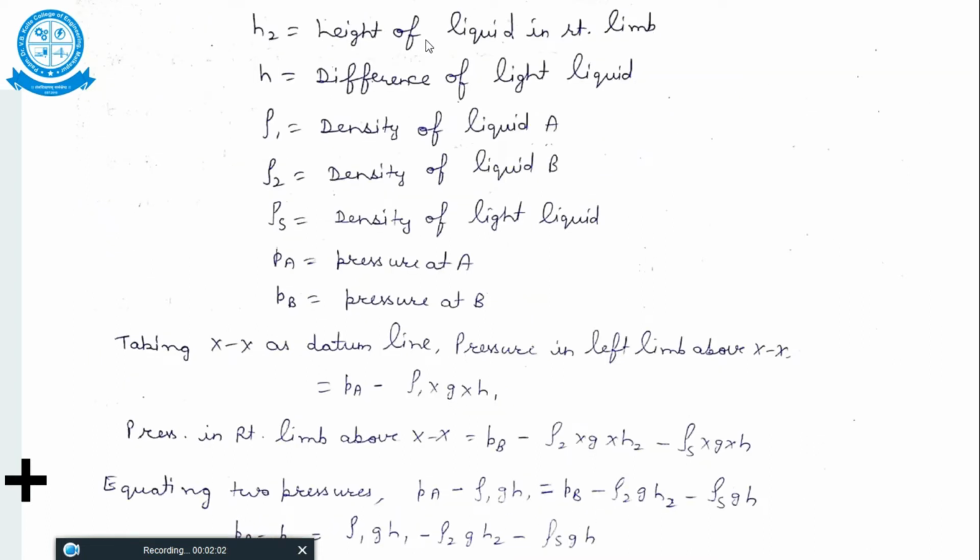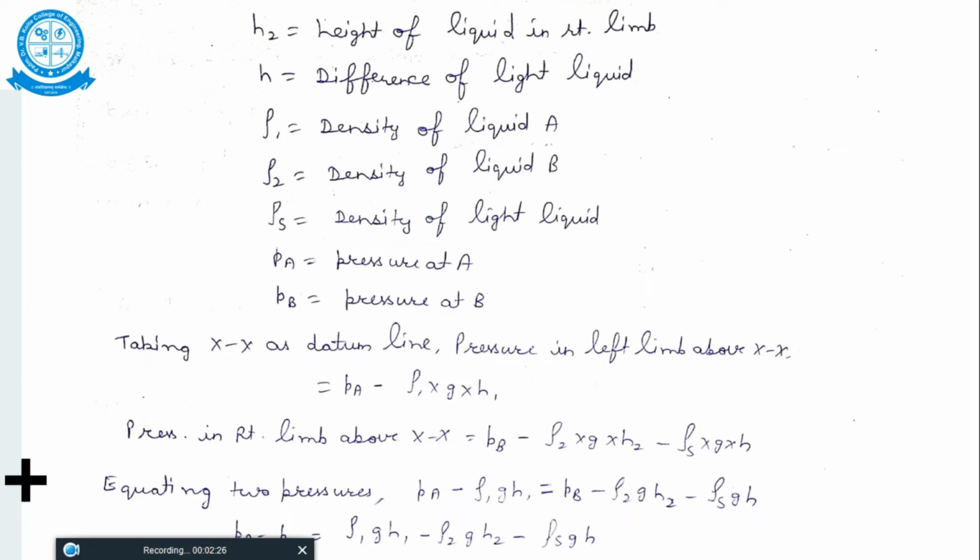Here H2 will be the height of light liquid in the right limb. H is the difference of height of the light liquid. Rho1 will be the density of liquid at point A. Rho2 will be the density of liquid at point B. Rho S will be the density of the light liquid available in the U-tube manometer. PA will be the pressure at point A, and PB will be the pressure at point B.